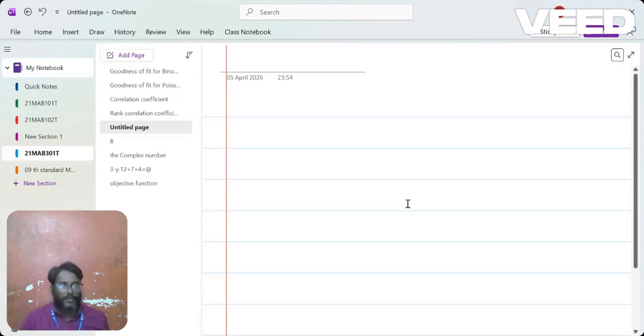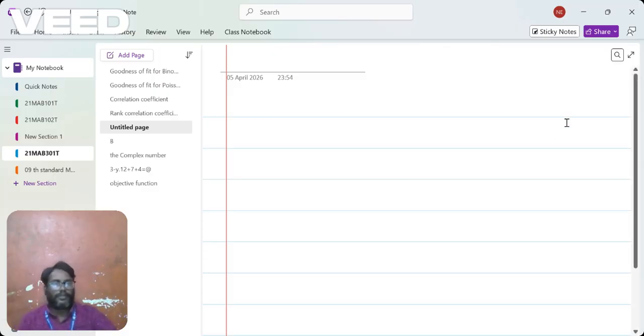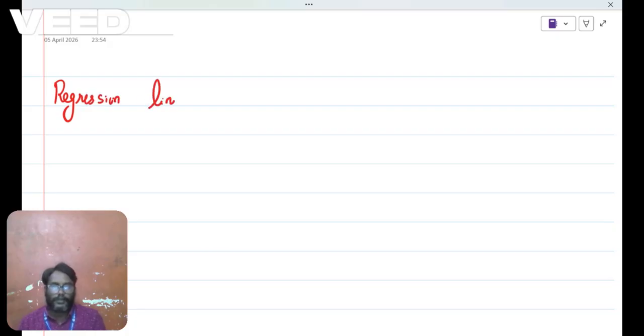Today we are going to see how to find the regression lines for x on y and y on x using the values of x and y. So today we are going to see regression lines.